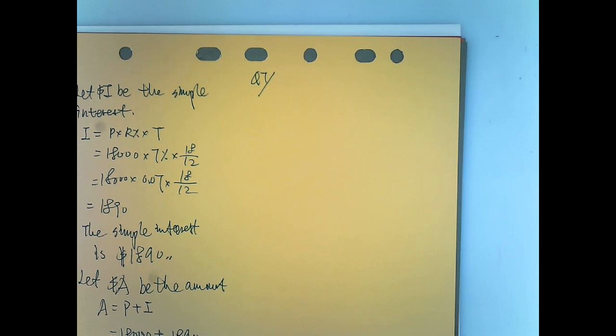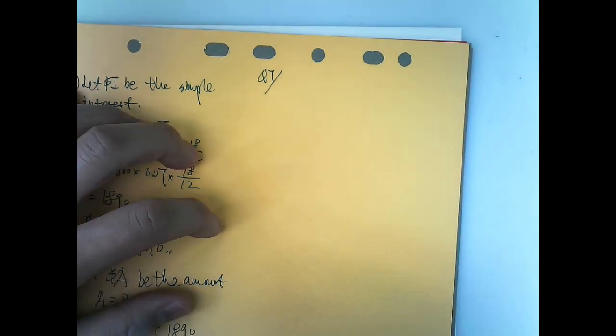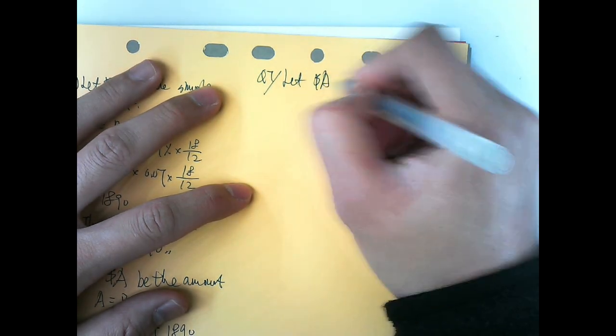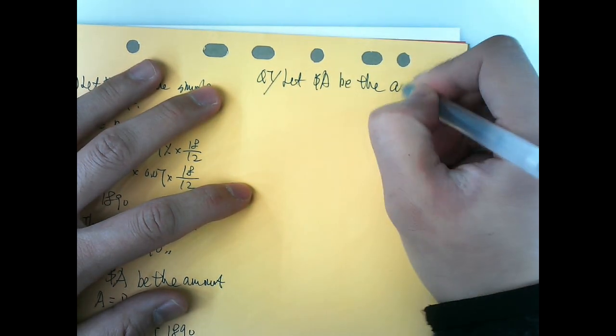It is impossible that you just return the interest, or just return the principal. It doesn't make sense. Understand? So you have to find the A. Let A be the amount.